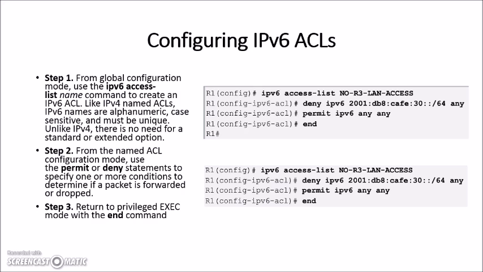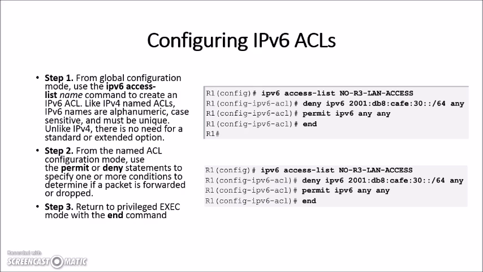Unlike IP version 4, there is no need for a standard or extended option. In the example, you can see the name of the access list, and the deny and permit commands for the direction in IP version 6.